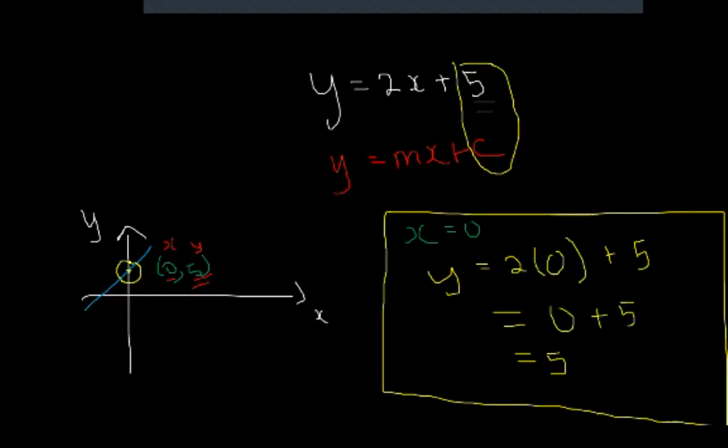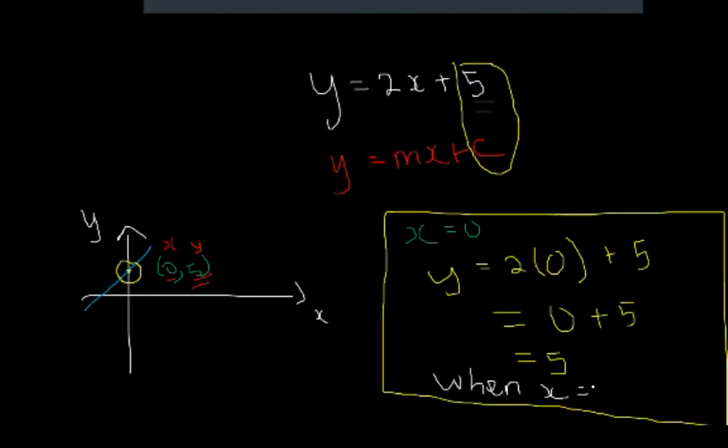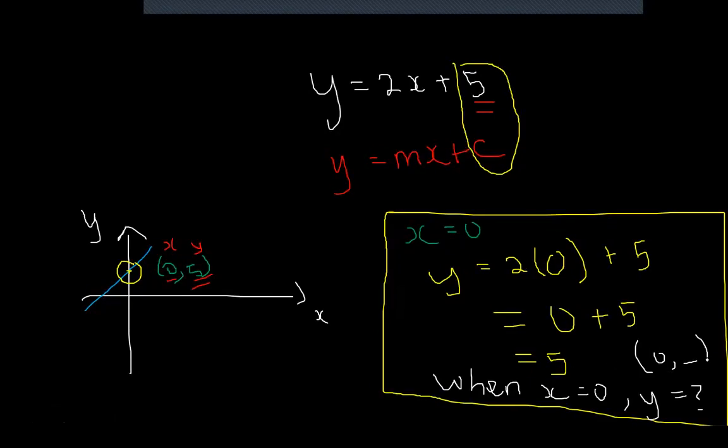At the y-intercept, the value of x is always 0. So if my value of x is 0, I need to find what y is. That's what the y-intercept means: when x is 0, what is my value of y?